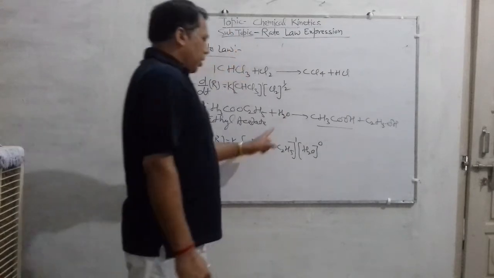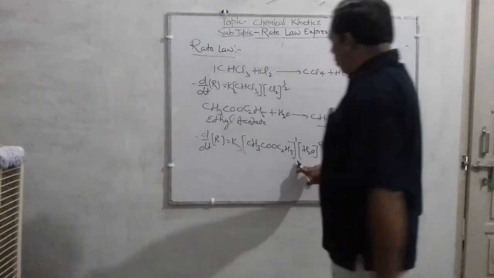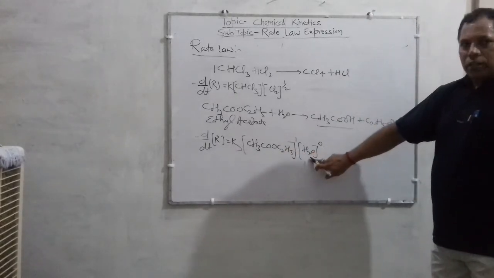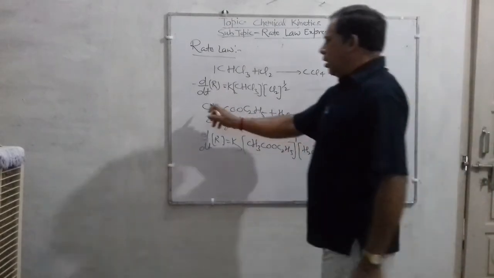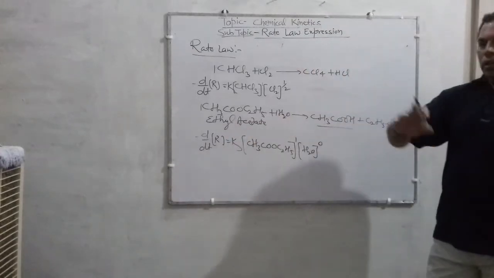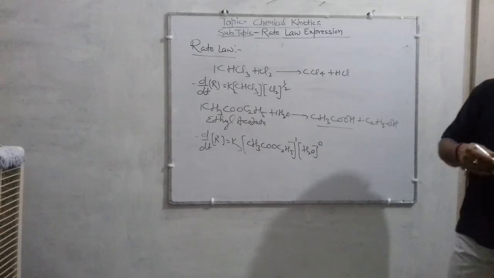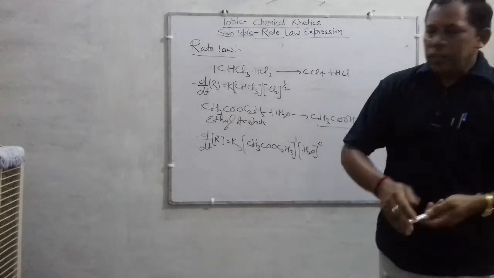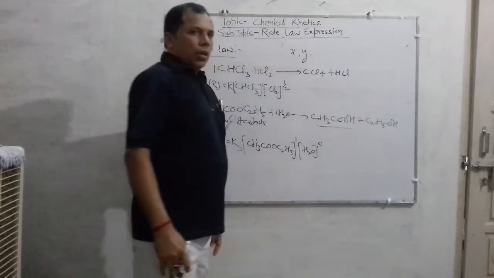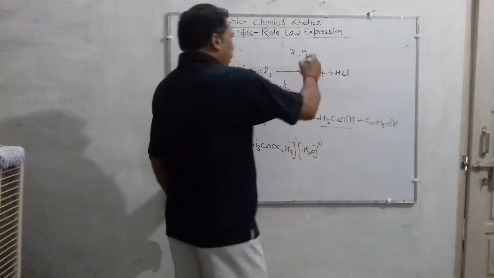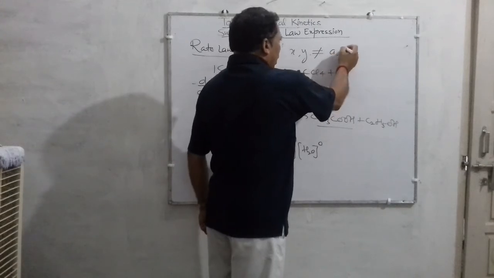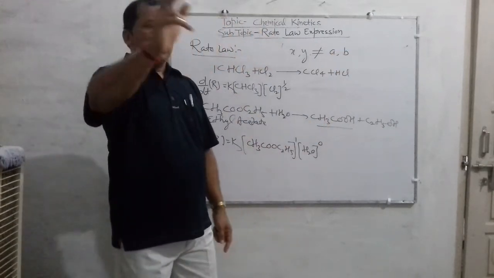and the exponent for ethyl acetate is 1. In this reaction, children, the exponents of CH3COOC2H5 and H2O also differ clearly from the stoichiometric coefficients of ethyl acetate and water. So this is also confirming and verifying that the values of x and y, which we obtain as exponents of the reactants, may or may not be equal to the stoichiometric coefficients of the reactants.